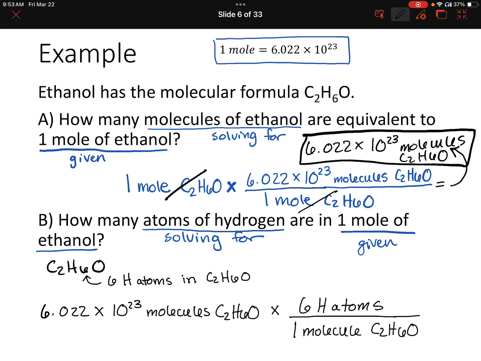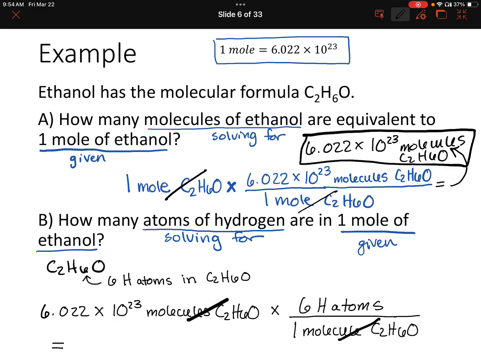All right, so let's make sure our units cancel. So molecules of C2H6O cancel. And all we're doing here is multiplying Avogadro's number by 6 to figure out the total amount of hydrogen atoms in our sample. All right, so let me plug this into my calculator.